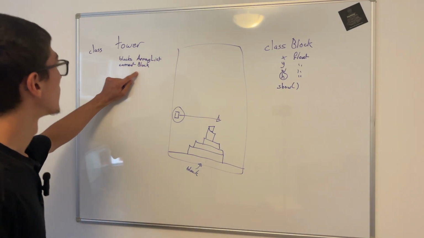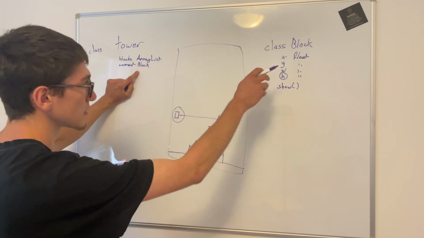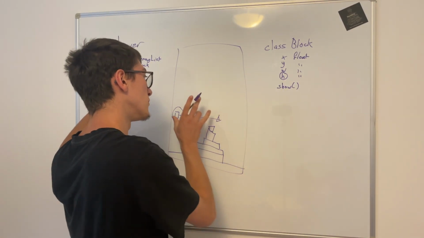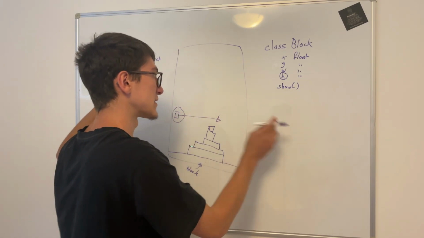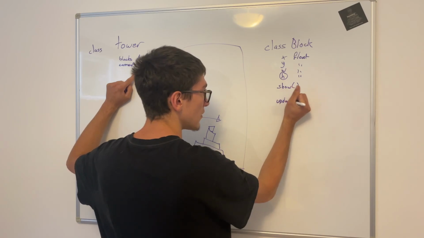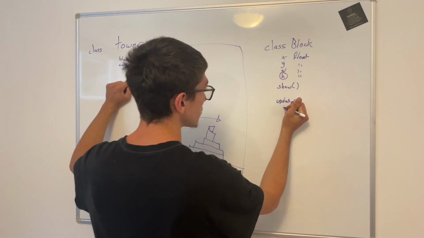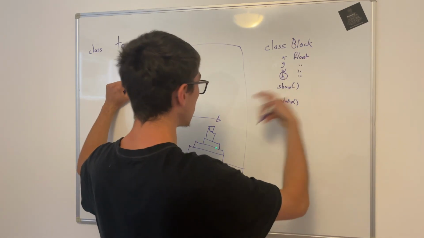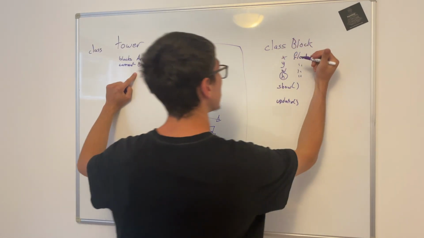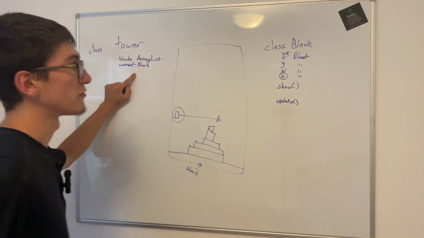Okay, so I'm thinking about it. Since it's going to be a block, it will need an update function, right? It will need to have some velocity on the x-axis, right? So let's maybe have an update method over here. It's just going to update the position based on some velocity, so we'll need that velocity over here, right? I'm going to call it Vx. It's also going to be a float.